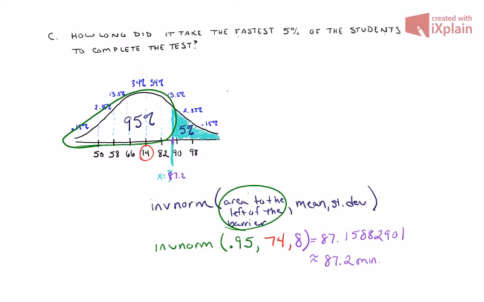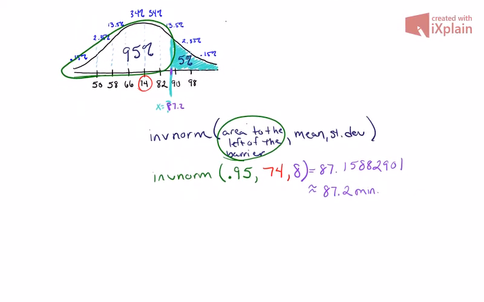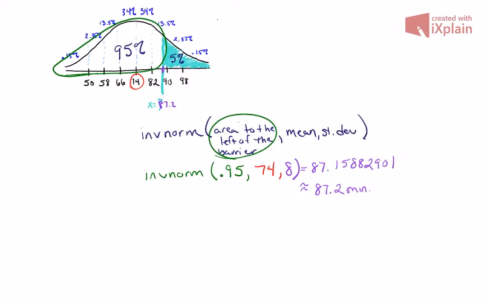One other thing that I want you to note, you can check your work here. If I were to, say, for example, do a normal CDF, and I'm going to use a lower bound of the 87.2 that we just found, and I'm going to look at the values that just keep going.